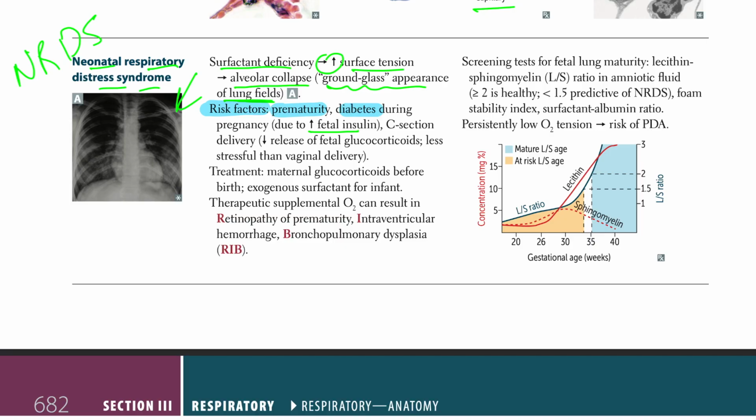And now you say, hey, how would fetal insulin cause NRDS? Well, an increase in fetal insulin is going to cause inhibition of corticosteroid production. And guess what? Who was producing the surfactant?